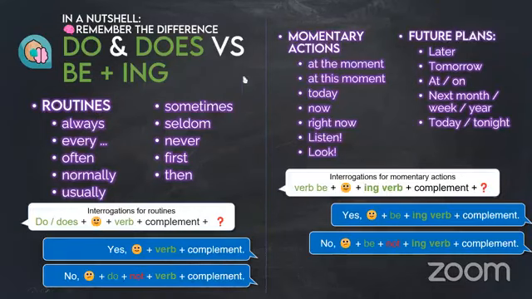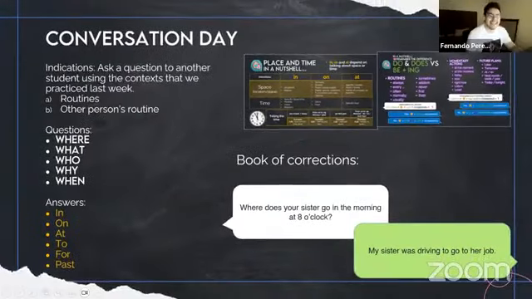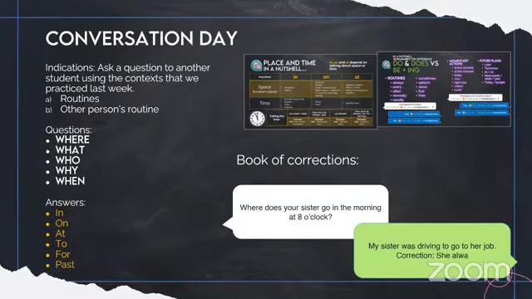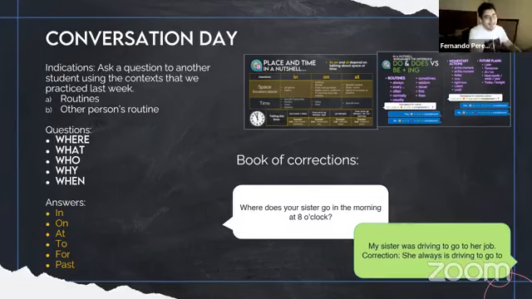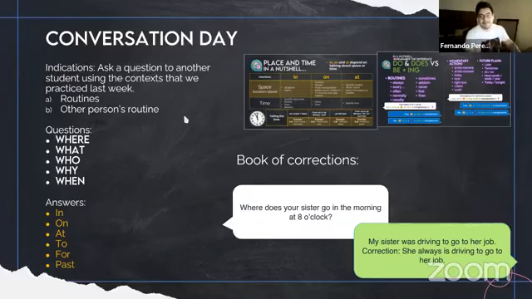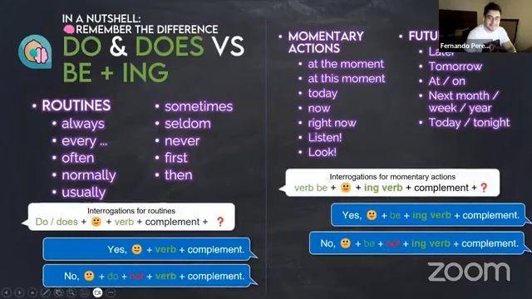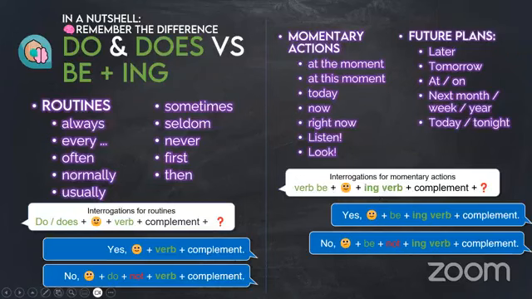She always is driving to go to her job every day. Okay, now second problem. Driving, ing, is not for routines. Driving, ing, is for things in this moment.